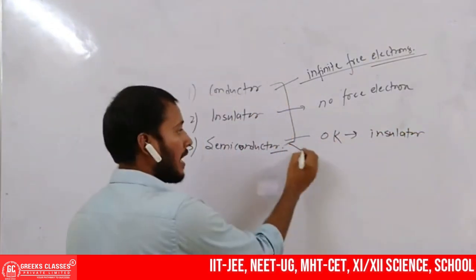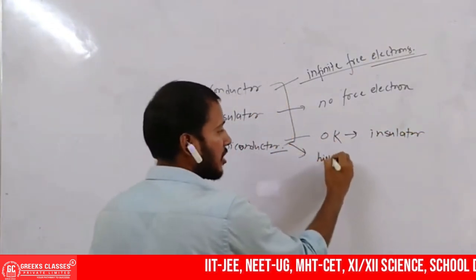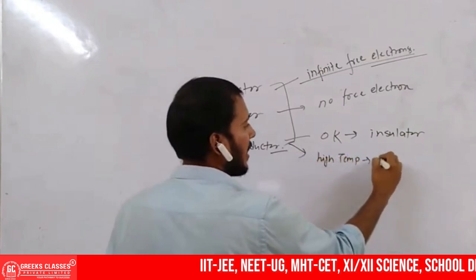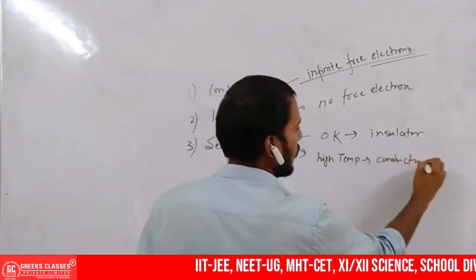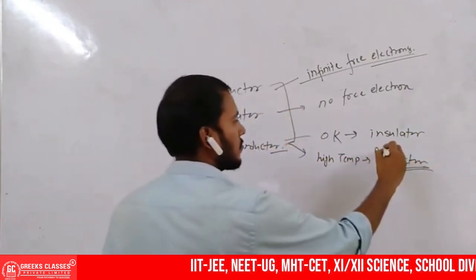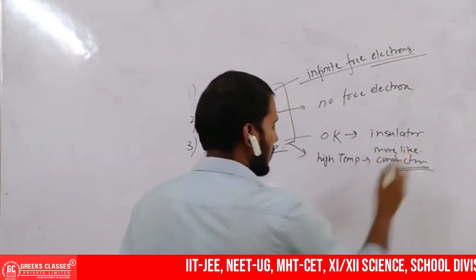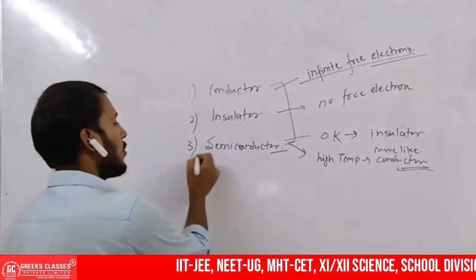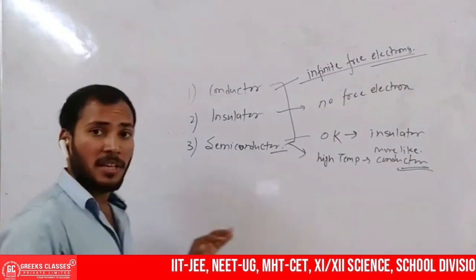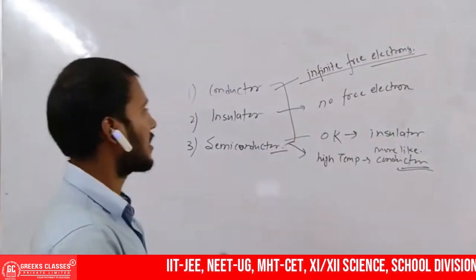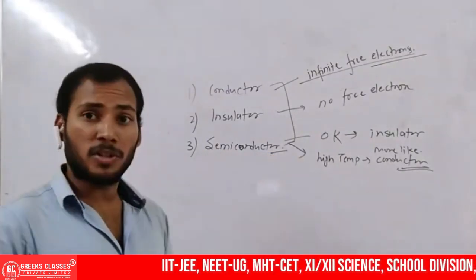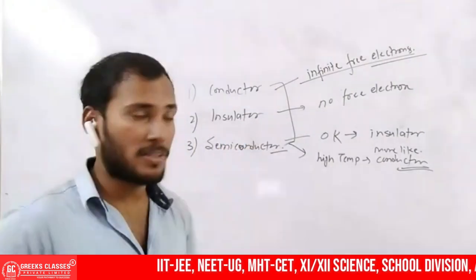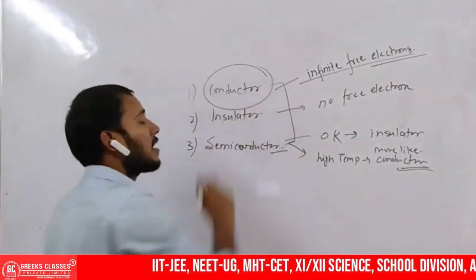And if you raise the temperature, high temperature, then it behaves like a conductor, more or less. So it has some different kind of nature, like in solar panels or other things. We won't be going into semiconductors; there is a separate chapter on this topic. We are also not going into the insulator part as of now. What we are going to discuss is conductor.